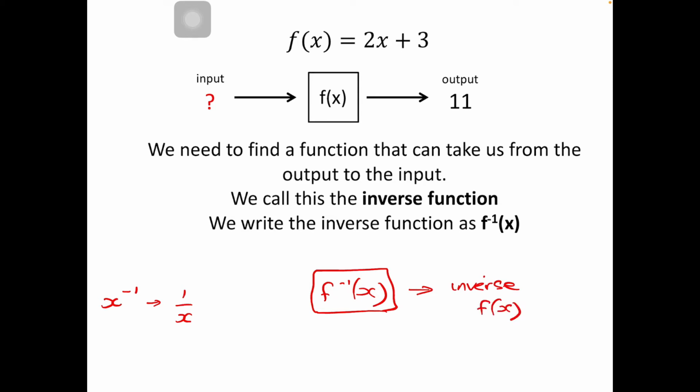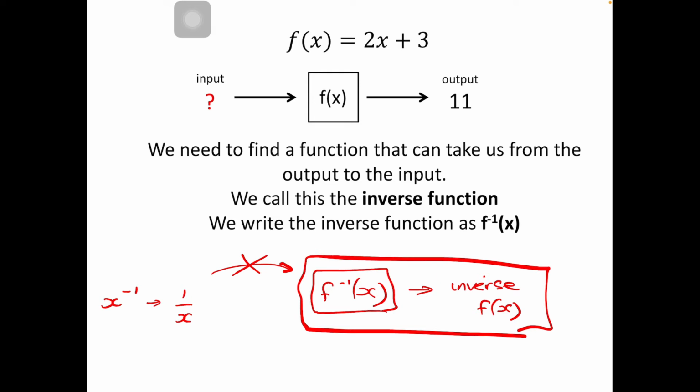It is not 1 over f of x. Different thing entirely. Just make sure you know that these two parts are not related at all. So we have the inverse function of f of x, which is going to be f to the minus 1 of x, and we need to be able to generate this.